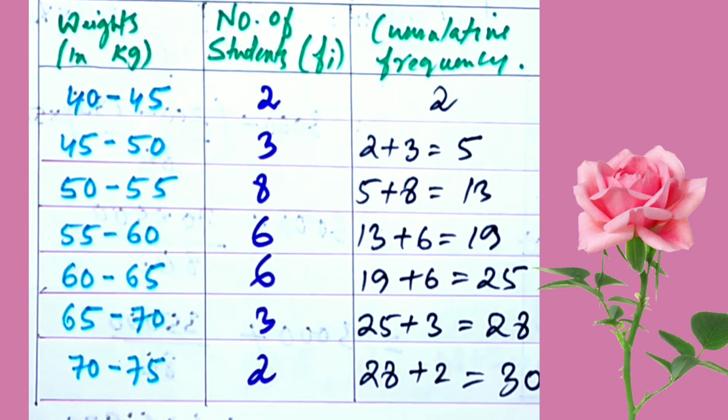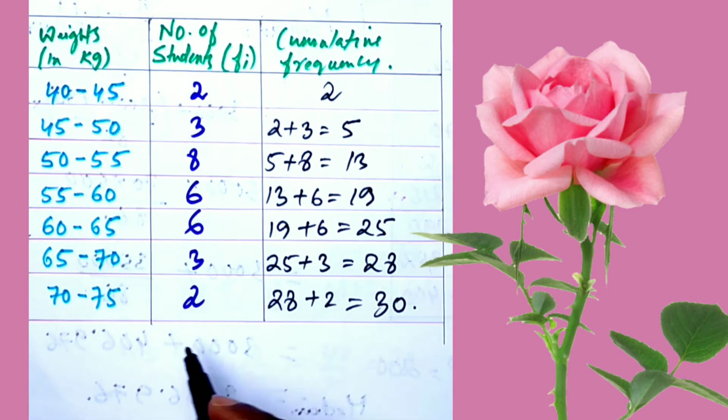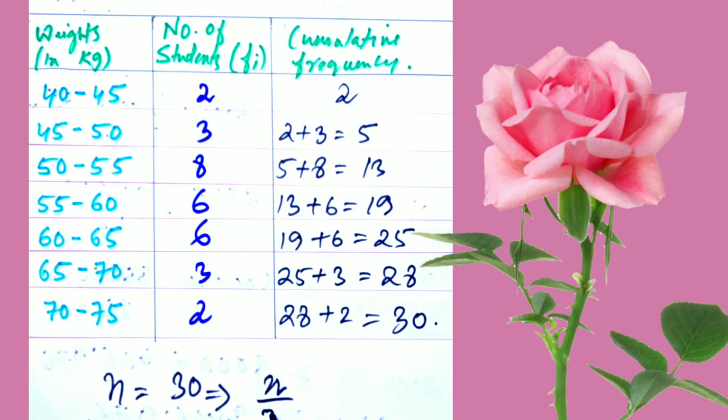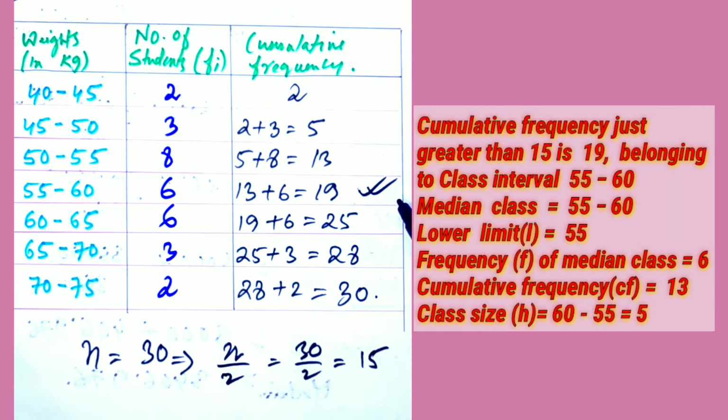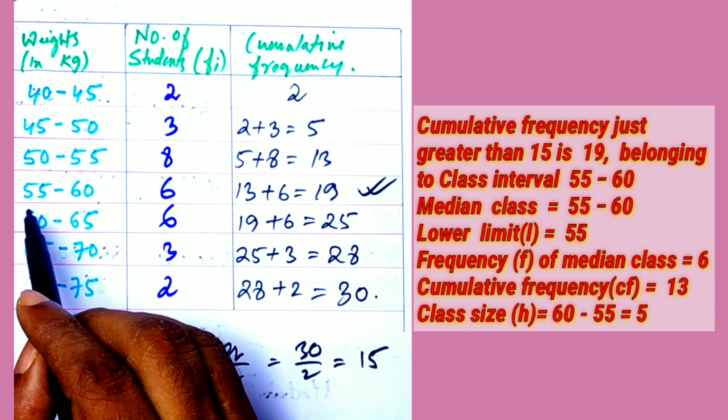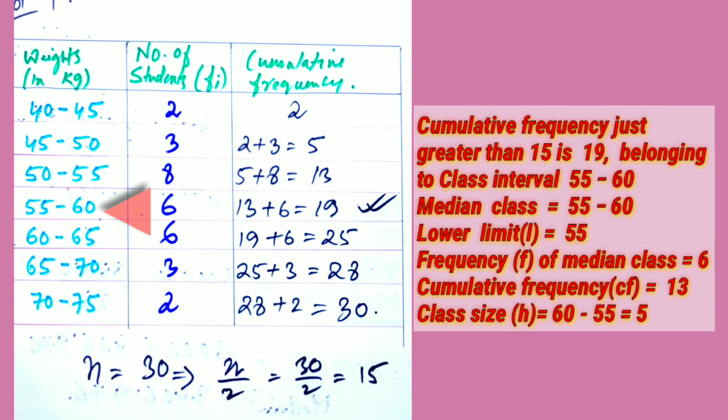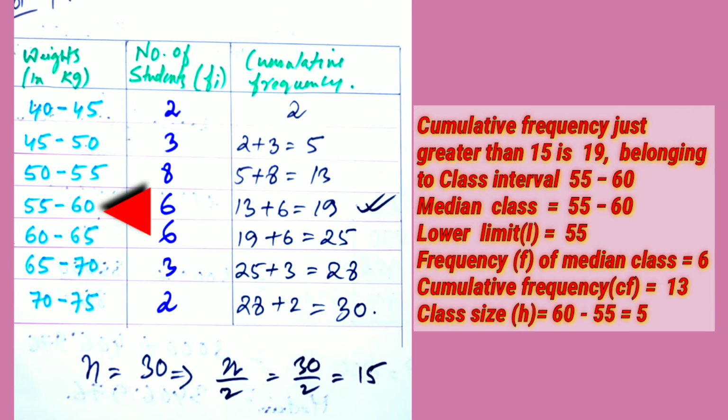So we have n value here as 30. So this implies n by 2 is equal to 30 by 2, which is 15. Cumulative frequency just greater than 15 is 19, belonging to the class interval 55 to 60. Therefore, median class is 55 to 60.